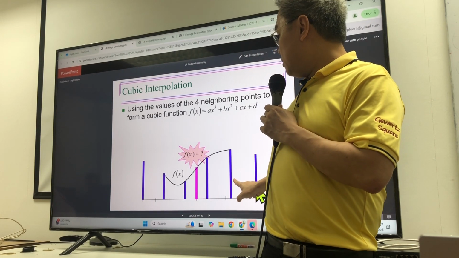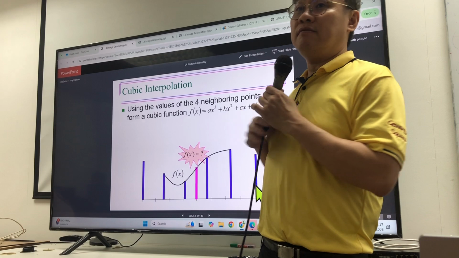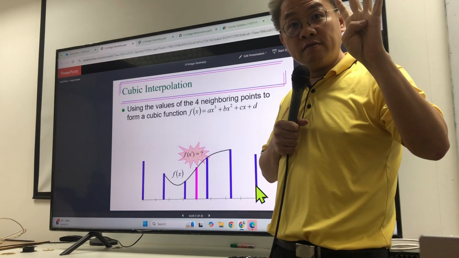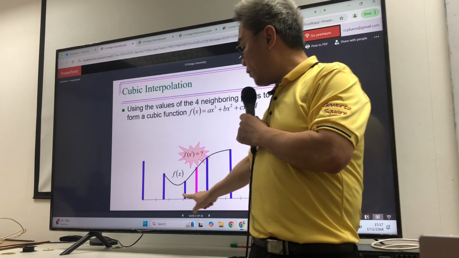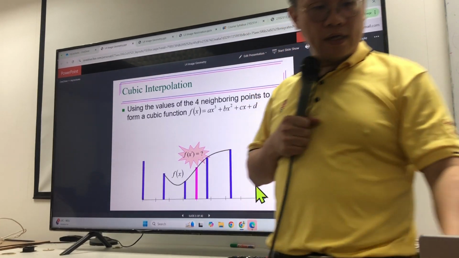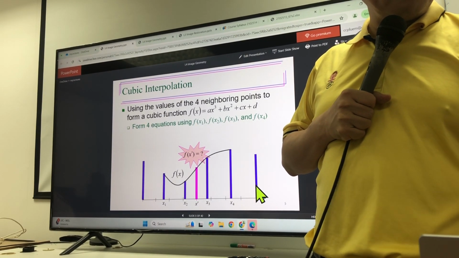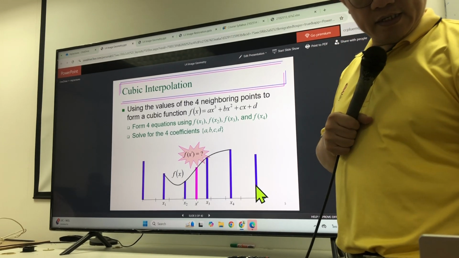Why do you need 4 neighbors? You have 4 parameters, A, B, C, D, so you need 4 equations, which means 4 neighbors. This is in 1D.